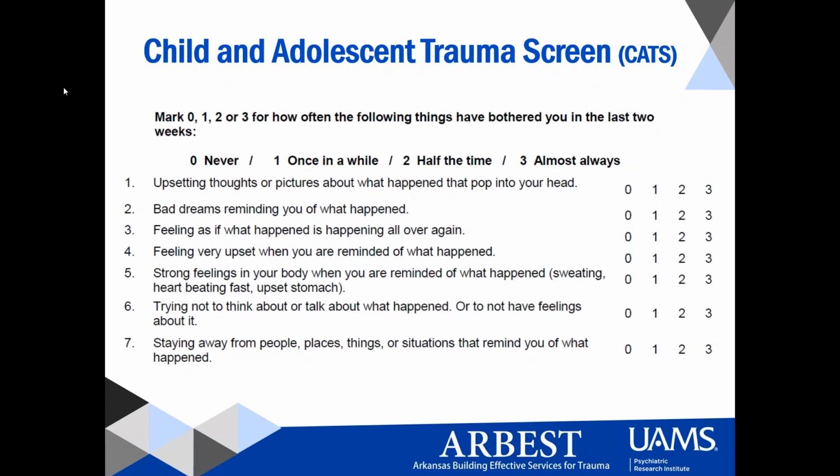The child or the caregiver will answer these questions for how often they're having symptoms, and then you're just going to tally up the total score, as you see, 0, 1, 2, or 3. So if it's a 1, then a 2, so 1, then 3, then 4, then 5, then 7, then 9, then 11. That would be the total for this part. There's more questions. You just add them up like that.